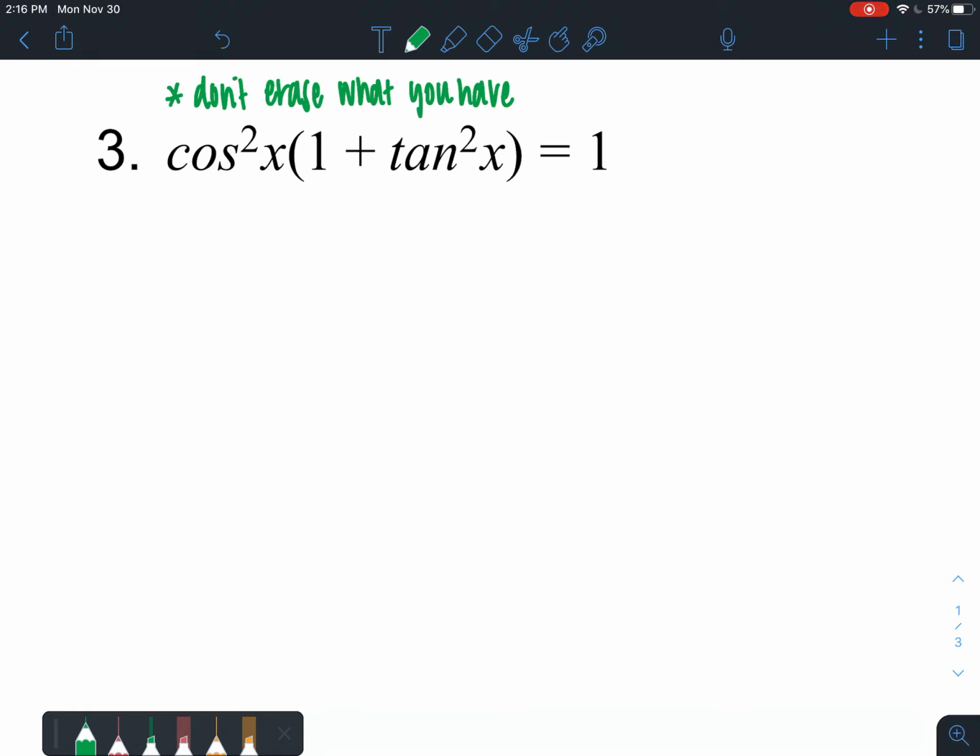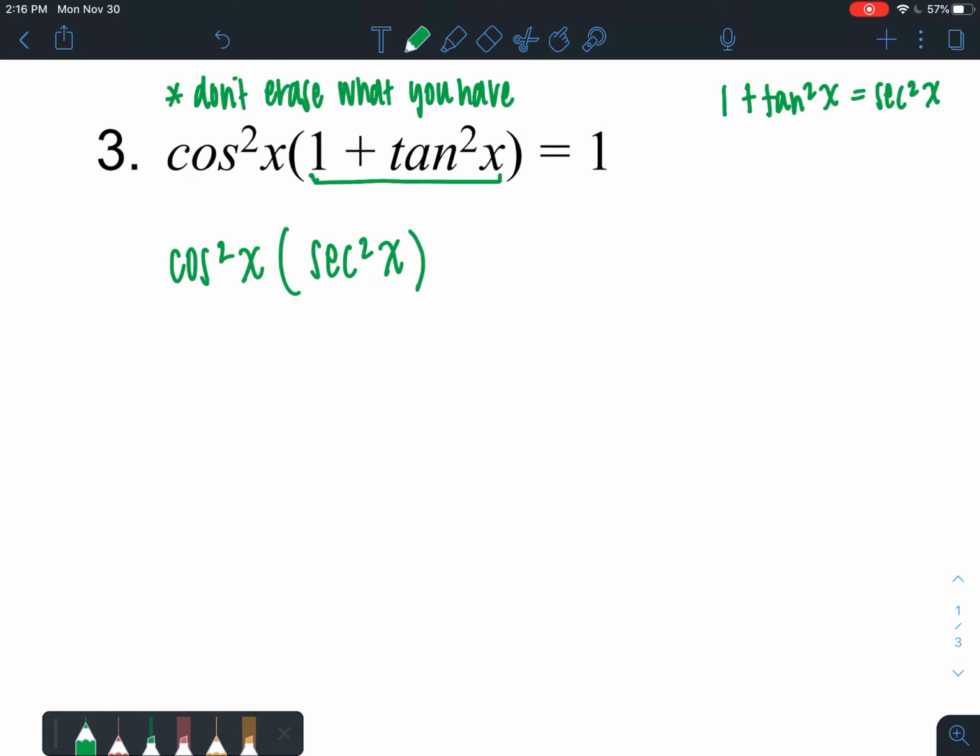So we know, using the Pythagorean identity, 1 plus tangent squared x equals secant squared x. So that's what this is right here. This is equal to secant squared x. So cosine squared x times secant squared x. Okay, so I used a Pythagorean identity there.